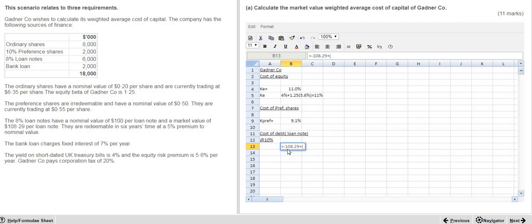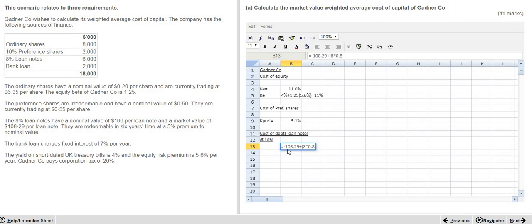So the interest is 8% times 100, which is $8. Multiplied by, remember, 1 minus T. The tax rate is 20% here, so 1 minus 20% is 80%, so that's 0.8.